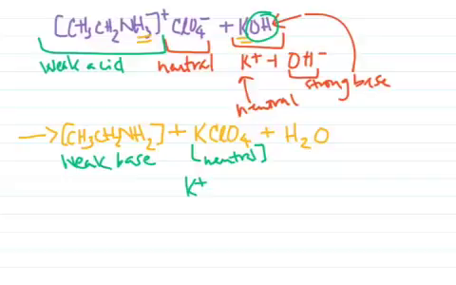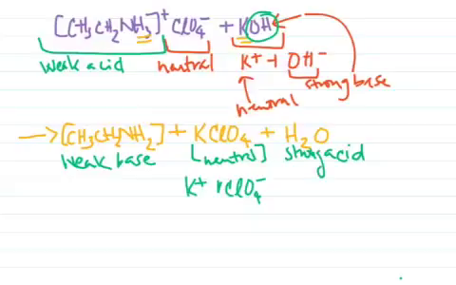It's also a group 1, so it's neutral. And the perchlorate is from a strong acid, so it's going to be neutral as well. That means our water is going to be an acid. And it's more likely going to be strong because we had a strong base.